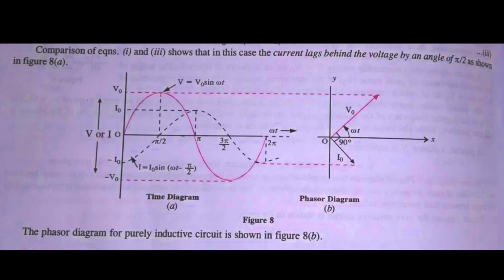From the time diagram we can see that there is a phase difference, as there is a variation in the initial points of the current and the voltage: when the voltage starts from the origin O, at the same time the current is lagging behind and starts from minus I naught.